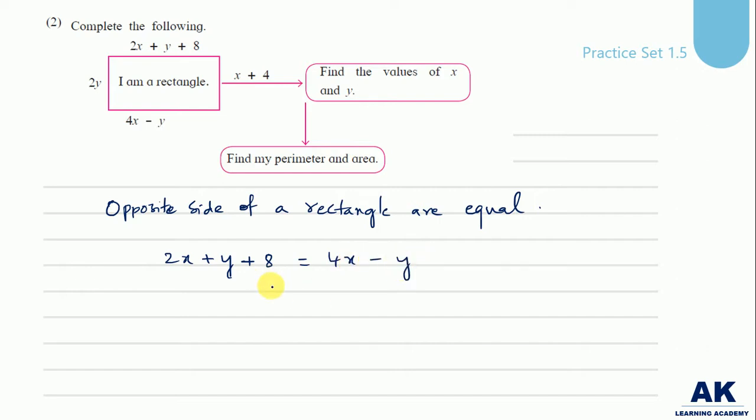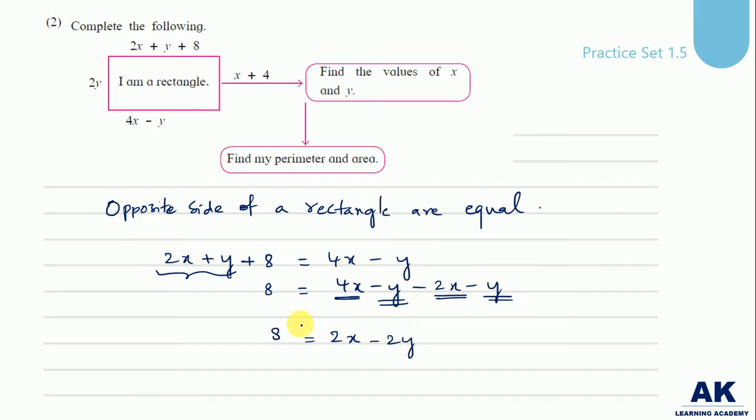All right, so 8 is equal to 4x minus y, and 2x plus y becomes minus 2x minus y on the right hand side, right? So 4x minus 2x is 2x, right? Minus y, and minus y becomes minus 2y, right?